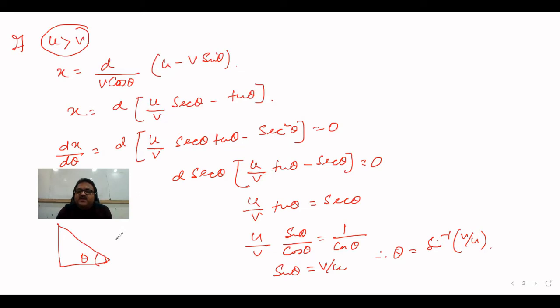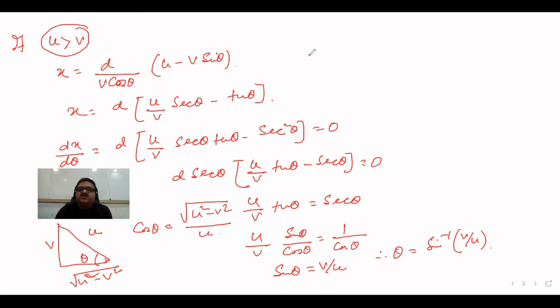Sin theta is equal to height by hypotenuse. Height is this, hypotenuse is this. Therefore, this is equal to root over of U square minus V square. Correct? Now, we have to calculate cos theta. Cos theta is equal to base by hypotenuse, that is root over of U square minus V square by U.